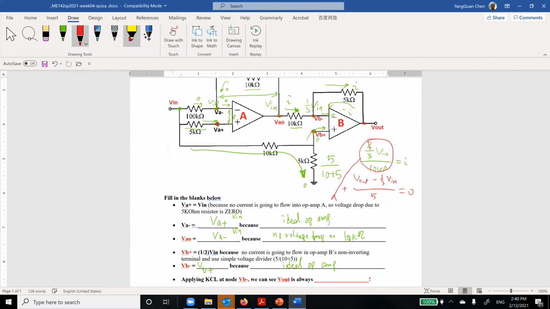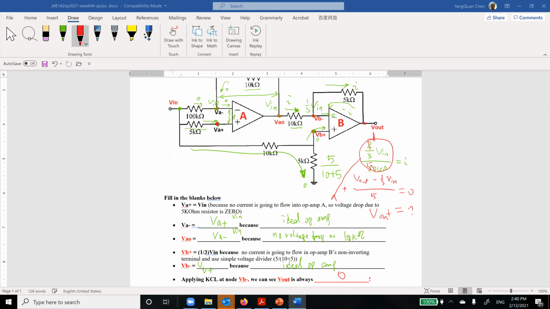Because if you cancel, this one here is 1, this is 5. So this is the same as this one, you cancel out. So V out is, make sense? V out is 0. So the answer is 0.